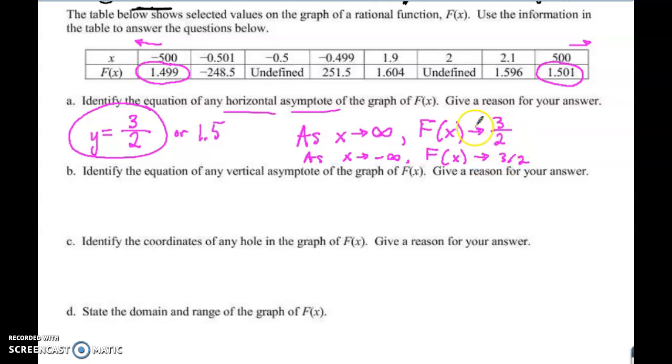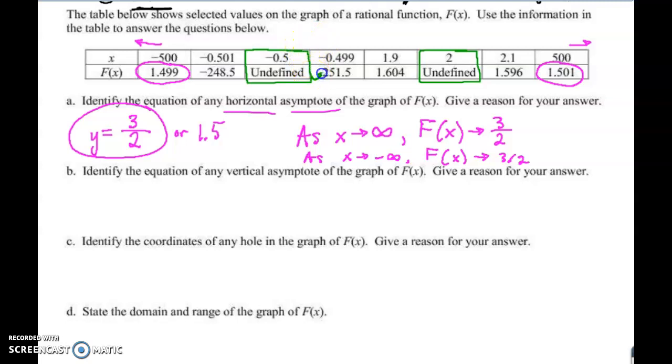So now let's look at the vertical asymptote. As far as the vertical asymptote is concerned, we want to see where we have an undefined x value. So let me change color. We have 2 undefined x values. This one and this one. Now which one do we actually care about? We care about the one whose, how do I want to phrase it?